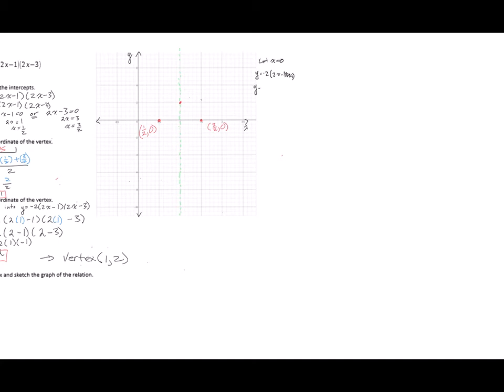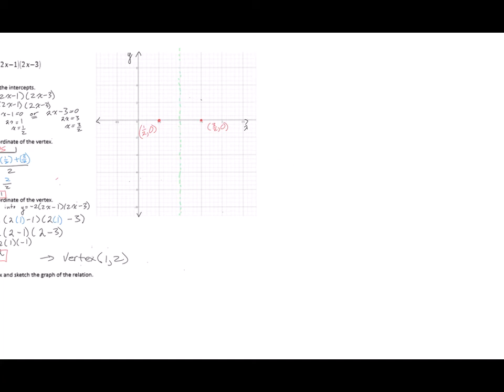When we substitute in 0, we get 2 times 0 is 0, minus 1, times 0 minus 3. And we end up with y = -2 times -1 times -3. Wow, that's 3 negatives. So our y value ends up being -6.